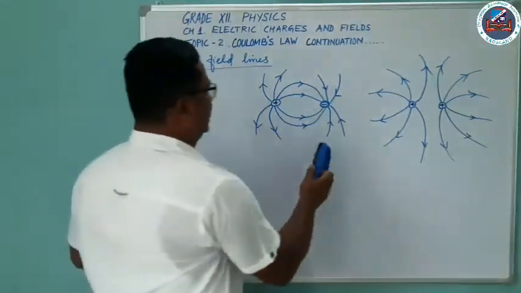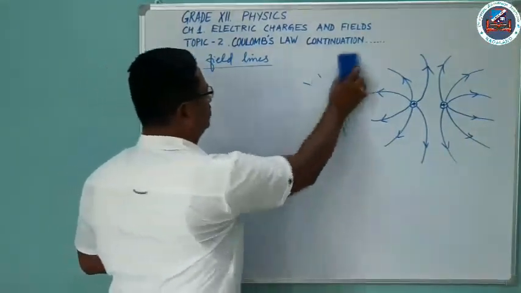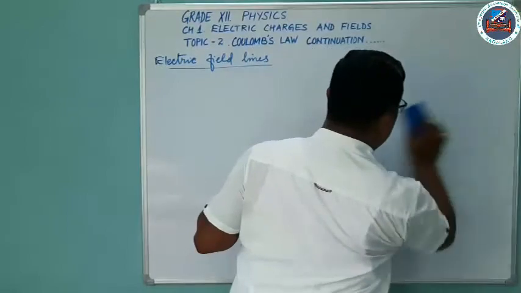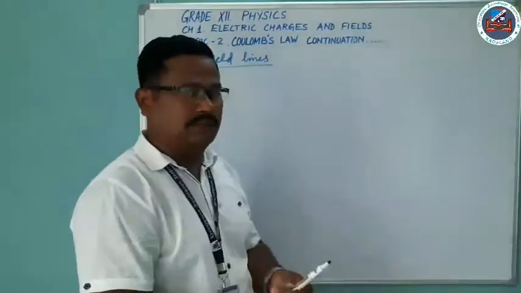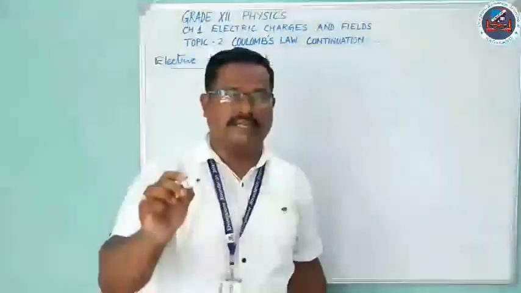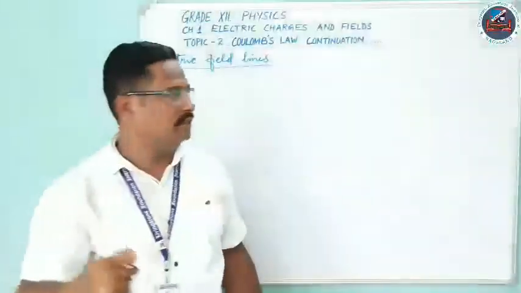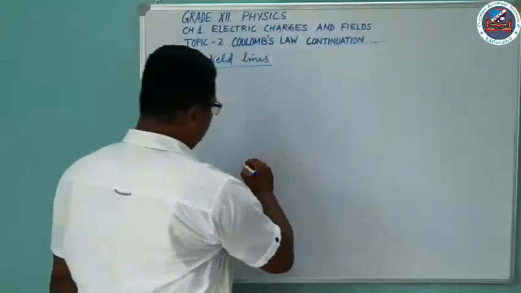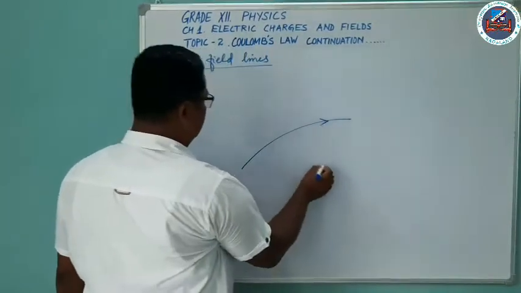Field lines can never intersect each other, because an electric field line gives us the direction of the electric field. Suppose two field lines happen to cross each other like this.